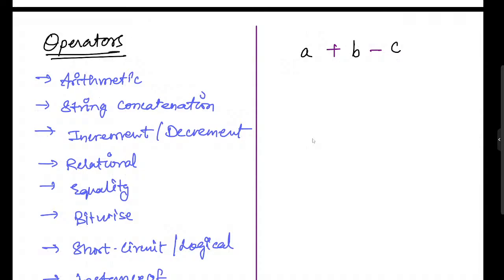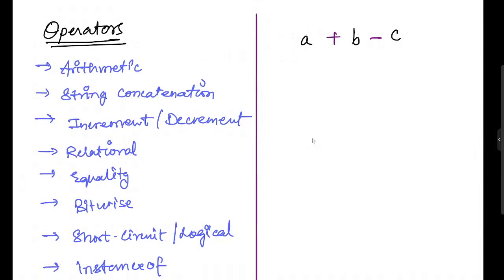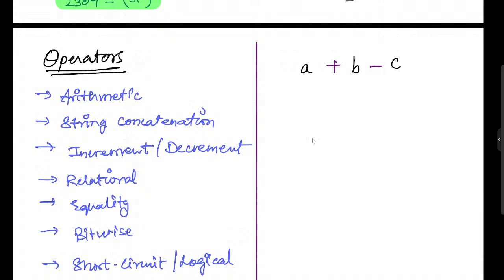Now we will quickly move on to operators. In operators, first thing we have to see here is that we have A, B, and C here. A is an operand, B is an operand and C is an operand.